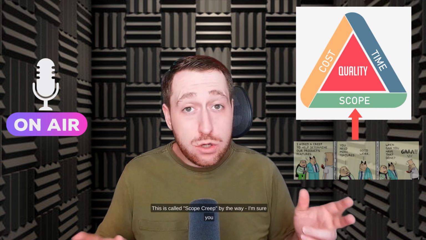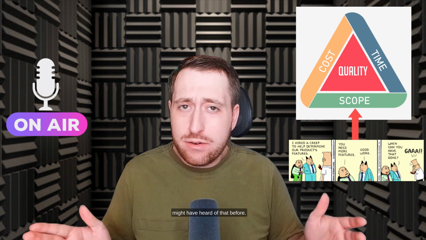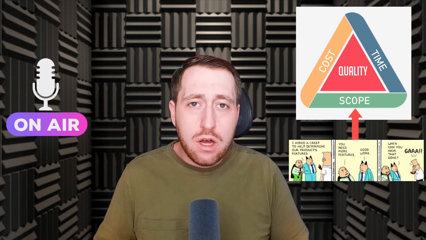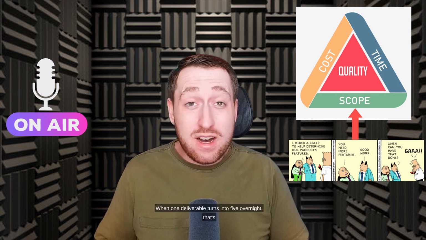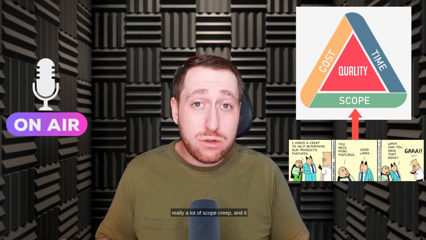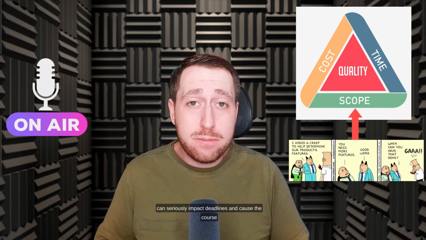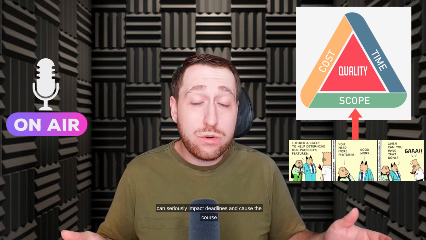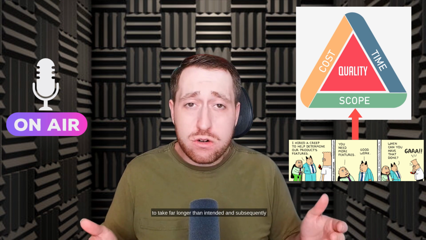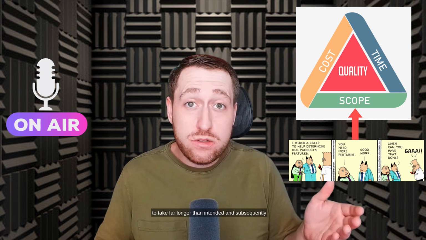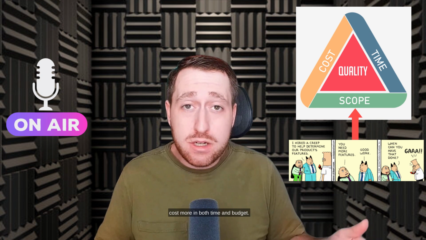This is called scope creep, by the way. I'm sure you might have heard of that before. When one deliverable turns into five overnight, that's really a lot of scope creep, and it can seriously impact deadlines and cause the course to take far longer than intended and subsequently cost more in both time and budget.